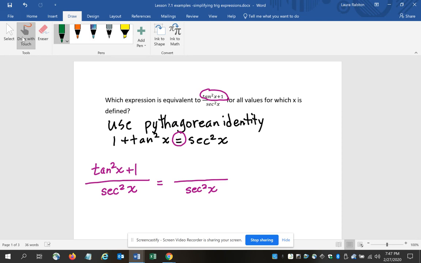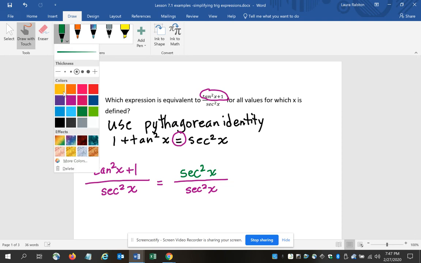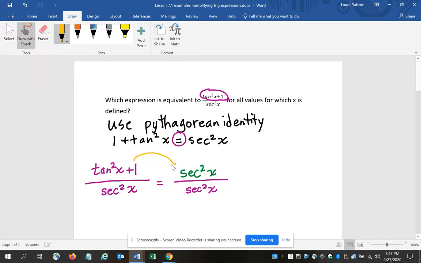So I'm basically doing a substitution. All I really did was use the identity that I know, much like you would do in algebra, where you're substituting an expression for another expression rather than subbing a number in.